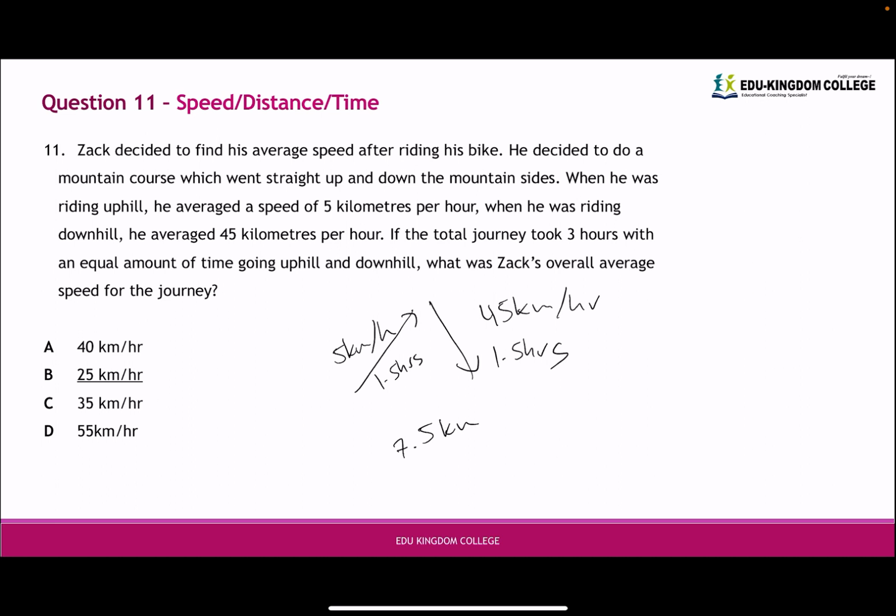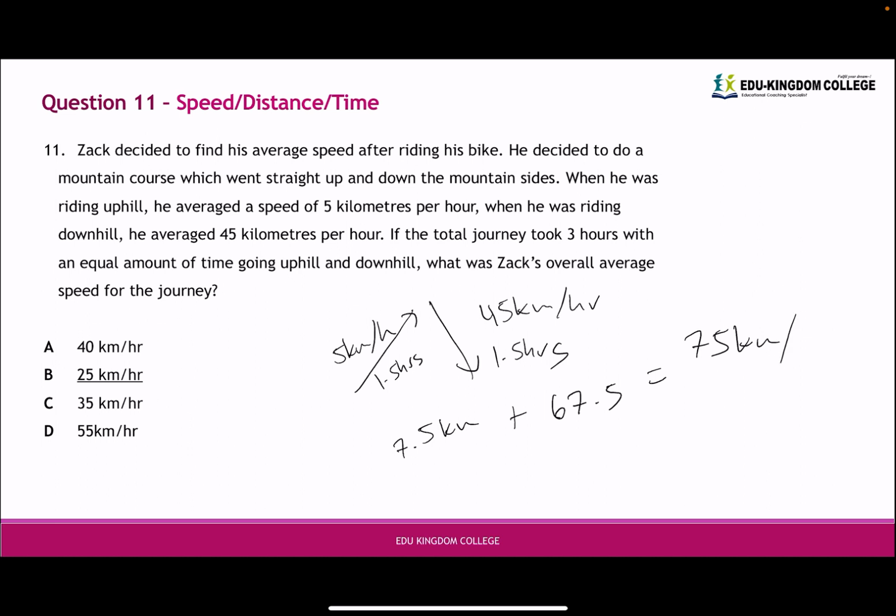On the way down, he travels 45 times 1.5, which is 67.5, I believe, because it's 22.5 plus 45. Yes, so when you add those together, you should get 75 kilometers in total.